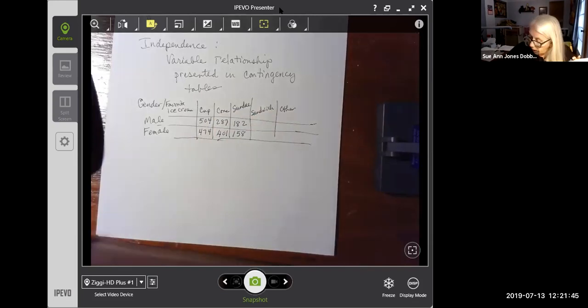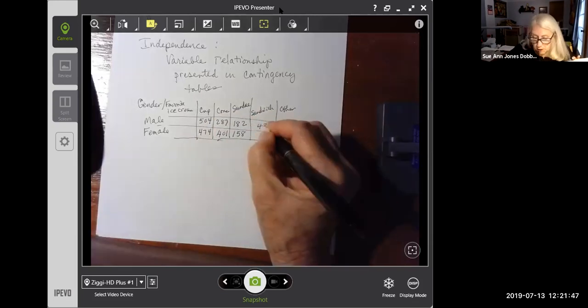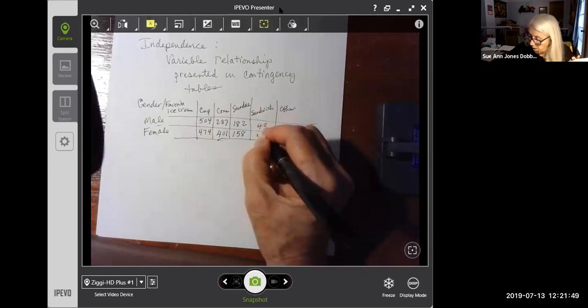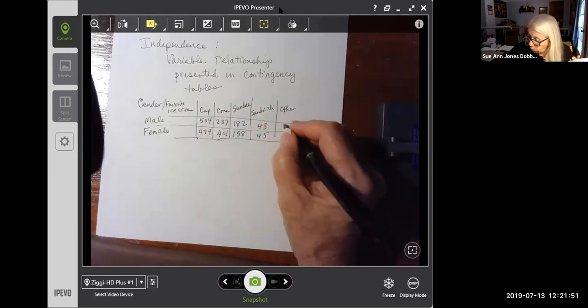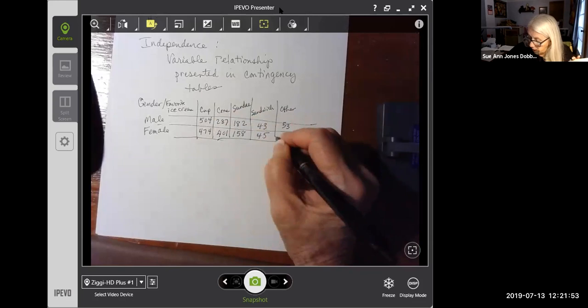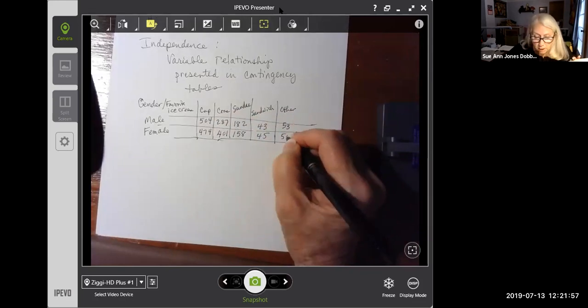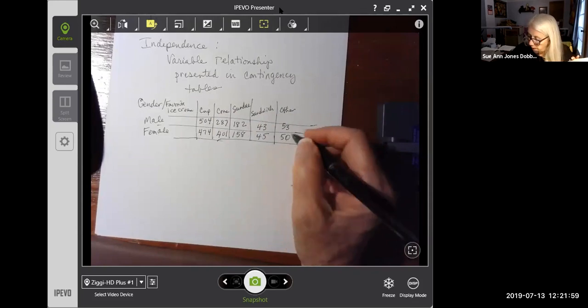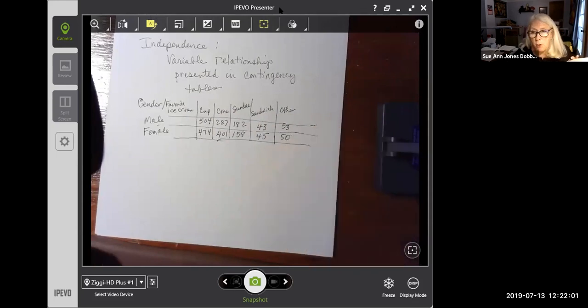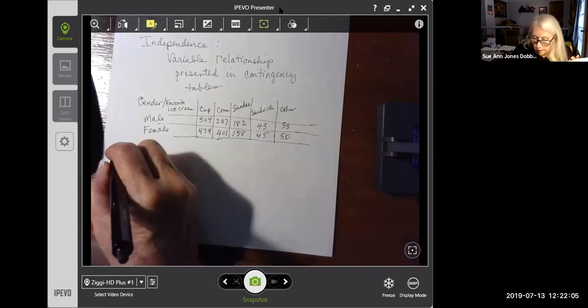There were 43 men that preferred a sandwich, 45 women preferred a sandwich, 53 men said other, and 50 women said other.